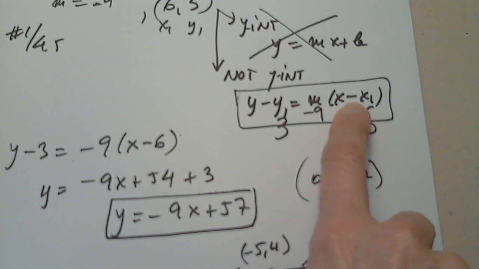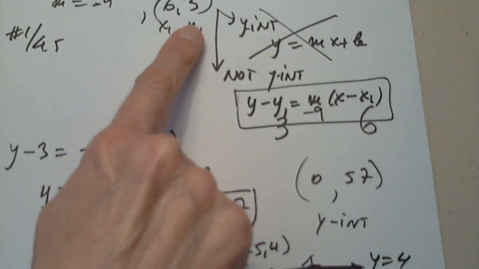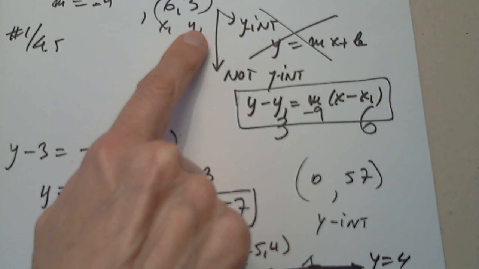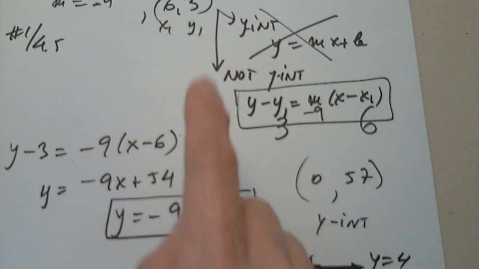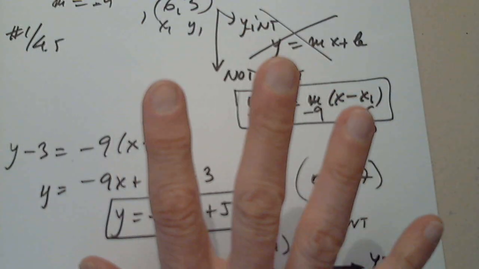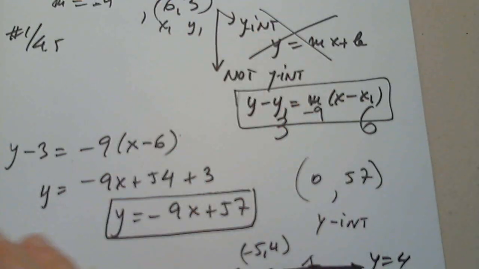Yeah. If it's minus and minus, look here. So we had the point 6 comma 3. We didn't have the point negative 6 comma negative 3. We had the point 6 comma 3. All I had to do is just put 6 and put 3. Now, you're right. If any of these or both are negative, it's a different story.